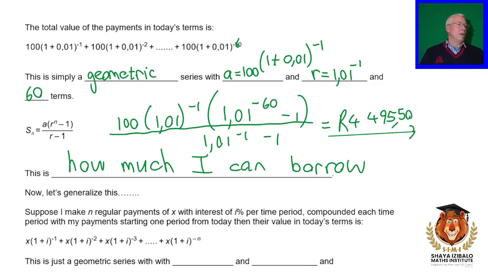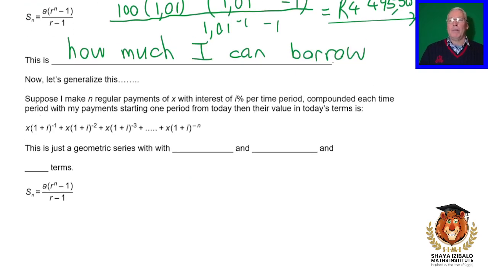Okay, so we're going to generalize this now, because if we now change it to x, and here's the interest rate i, then this is just a geometric series with a equals x times 1 plus i to the minus 1, r is 1 plus i to the minus 1, and n terms.